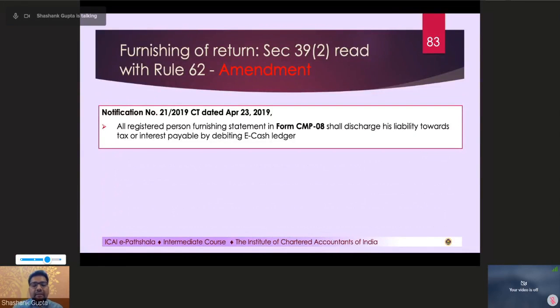And of course, since a composition taxpayer cannot avail any input tax credit, the entire tax liability payable by a composition taxpayer has to be paid through electronic cash ledger only.